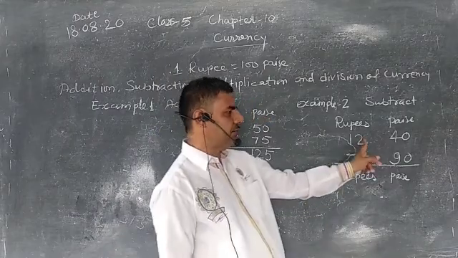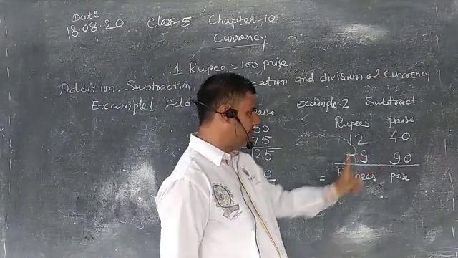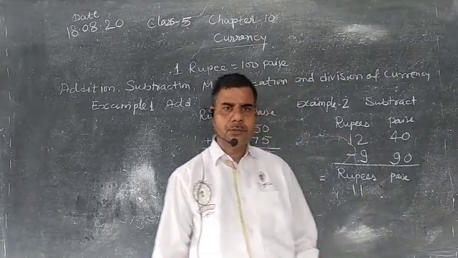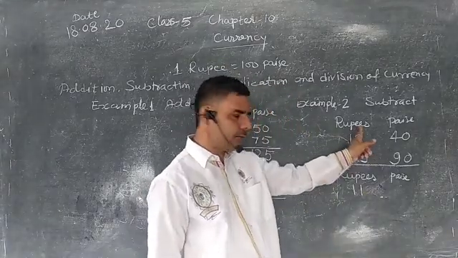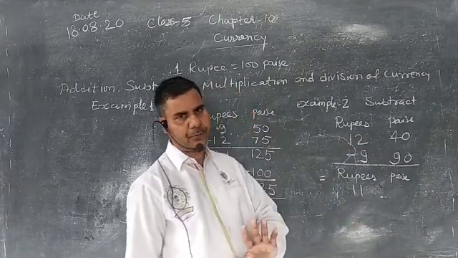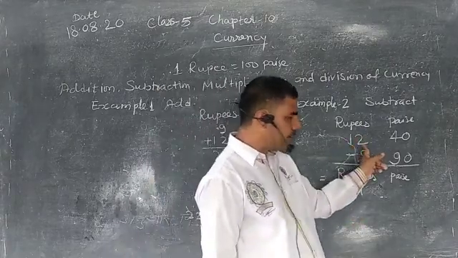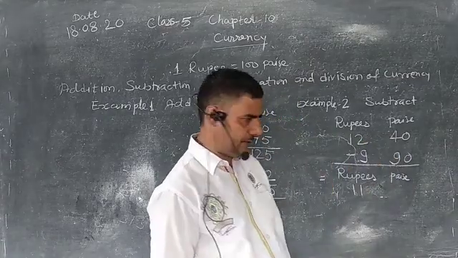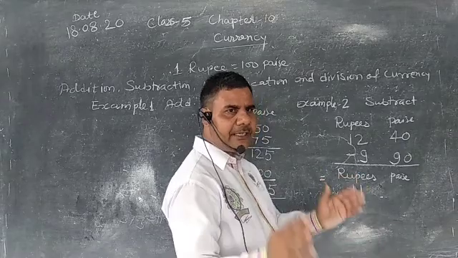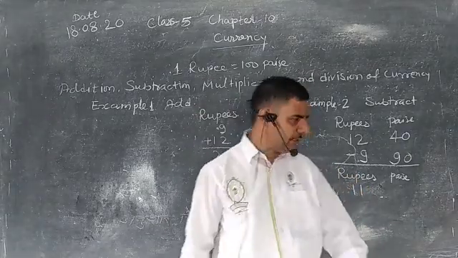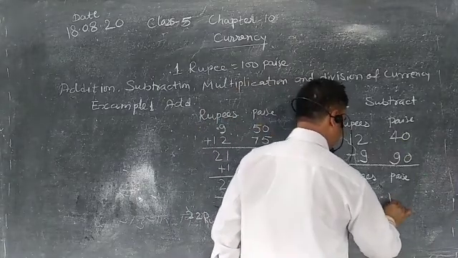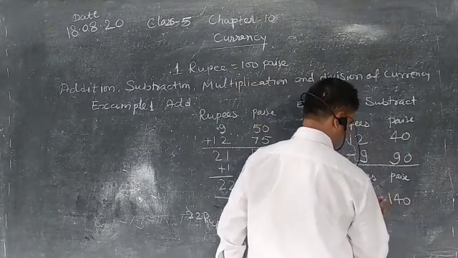The new table is 11 rupees, because we borrow 1 rupee from 12, then it remains 11 rupees. But 1 rupee equals 100 paise. Means in the paise column 100 is added, means 100 plus 40, and the paise column becomes 140.